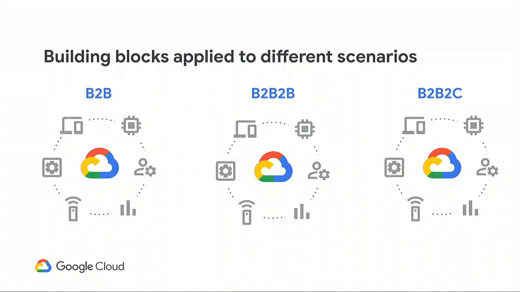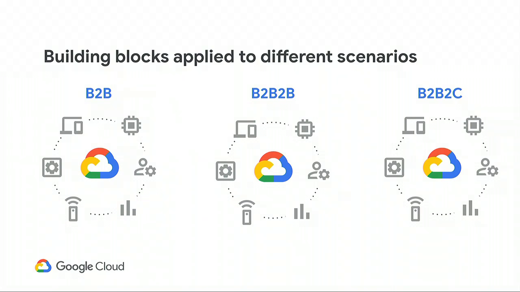Depending on how the business is run, the same building blocks are used. And there are three main categories here. We are going to see examples for each. So B2B, business to business, B2B2B, there is another B added here, and B2B2C.